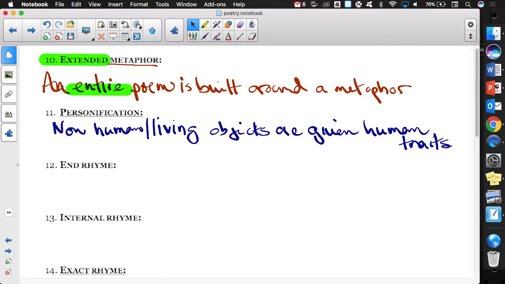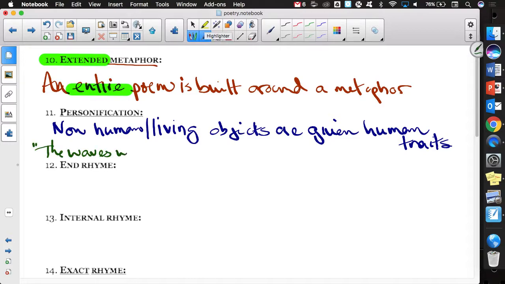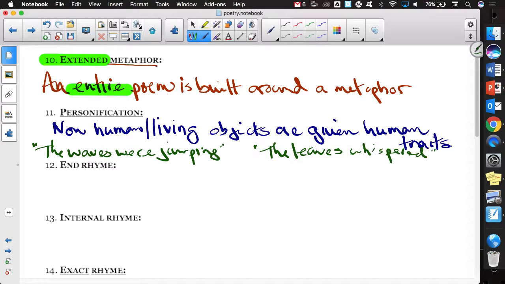So, for an example, if you go to the beach, the waves were jumping. And on a windy day during the fall, we might say the leaves whispered.